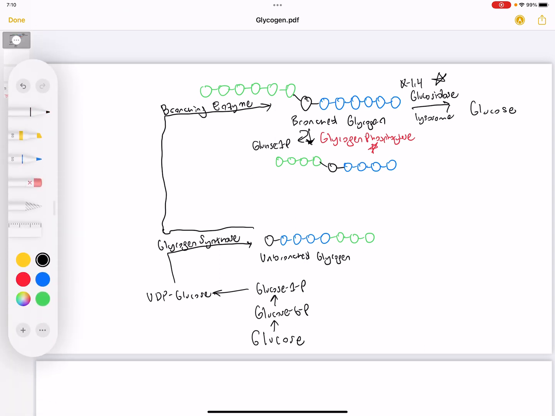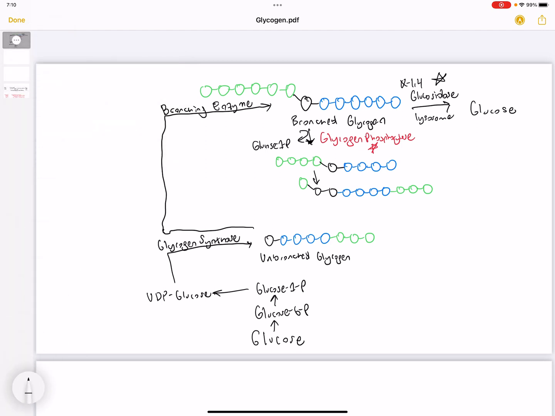Now, glycogen phosphorylase can then be followed by a debranching enzyme again until there's only one glucose molecule left on the left side. So this debranching enzyme is basically going to change the location of the glucose molecules until there's only one glucose molecule left on the left side.